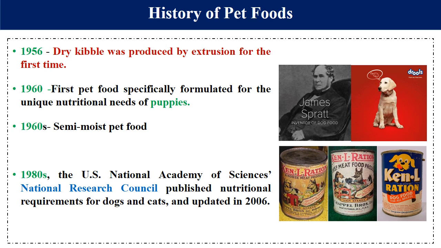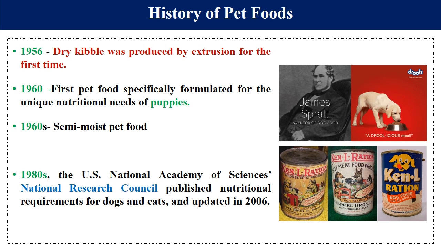Here we will see a brief history of pet foods. The first dry pet food as kibble was produced by the extrusion method in 1956, and later in 1960 the first pet food specifically formulated for the unique nutritional needs of puppies.